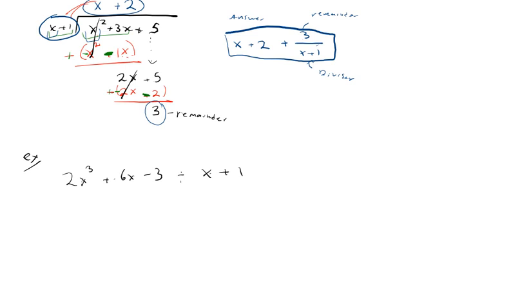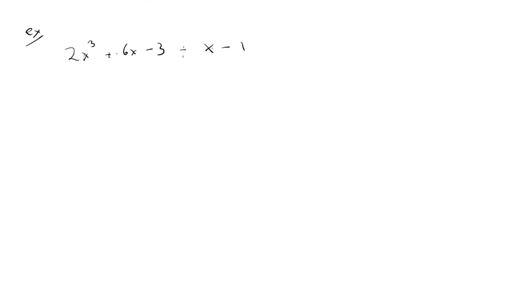What if I had this problem here? Same thing, another example. Take this problem, set it up like a division. x minus 1 on the outside, divided by 2x cubed, but there's a problem here.